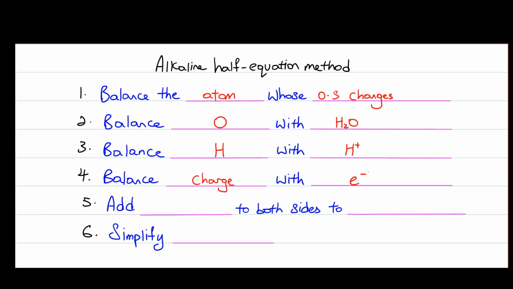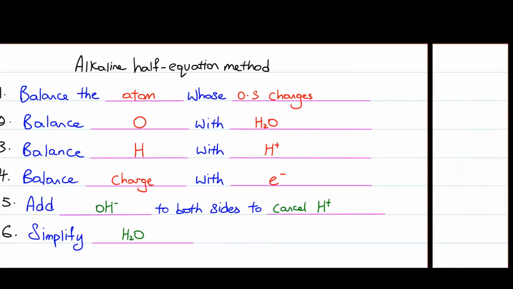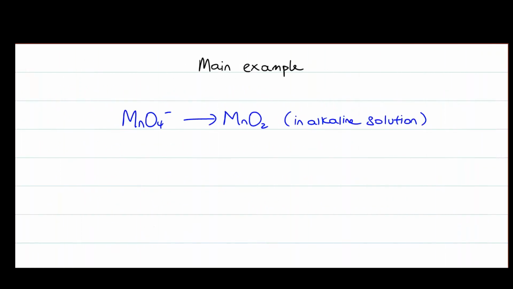Up to this point, the method is exactly like acidic solution. Only after that do we add hydroxide ions to both sides to cancel the hydrogen ions, and finally simplify any water molecules. Let's apply the method to a classic example.